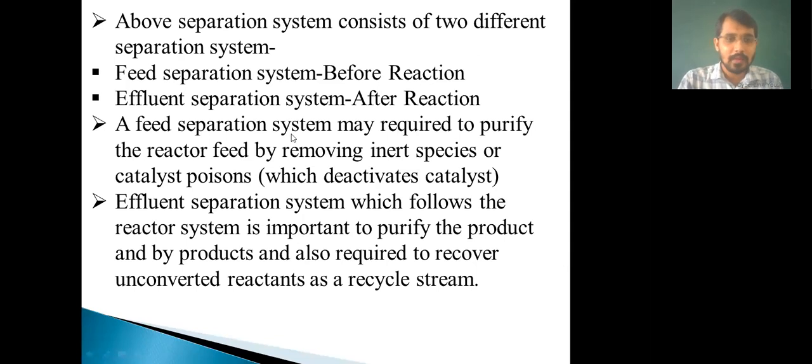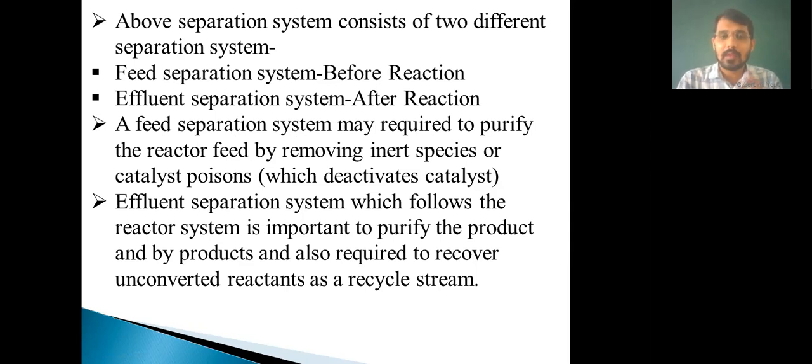After that, the next point is the expression regarding the feed separation system. You can see here, a feed separation system may be required to purify the reactor feed by removing inert species or catalyst poison. What is the meaning of catalyst poison? It deactivates the catalyst.